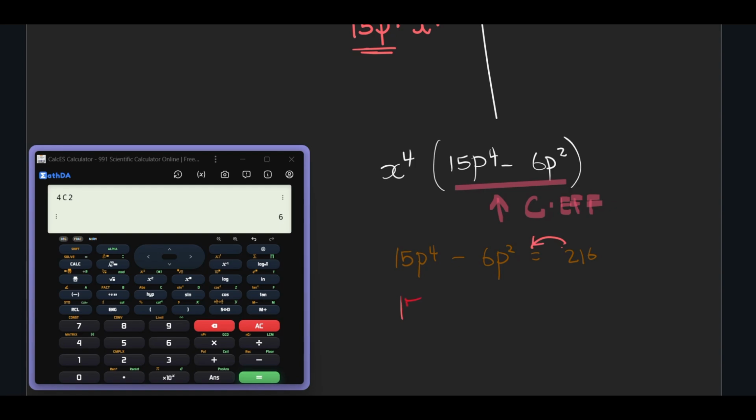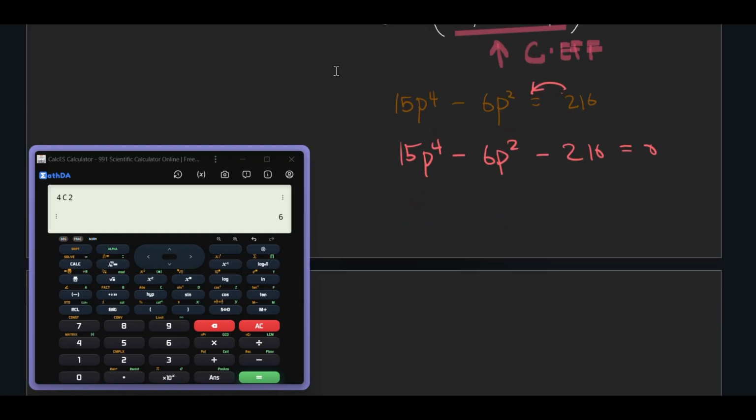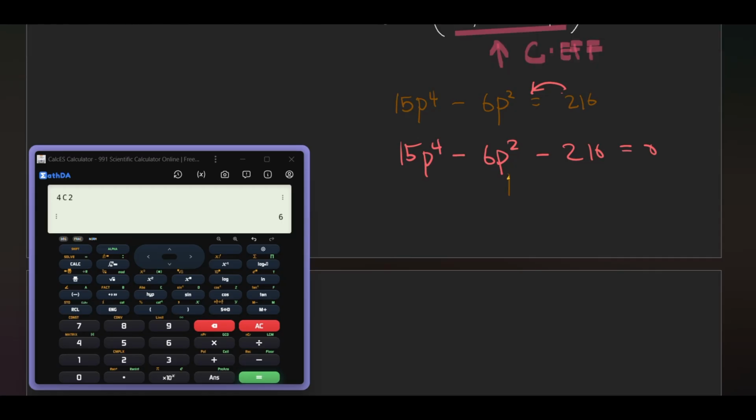So I can have 15p to the power 4 minus 6p to the power 2 minus 216 is equal to 0. Now, this is what we call a pseudo quadratic. It's one of those equations that if you manipulate them, they will give birth to a quadratic equation. So the best way to think about it is let p squared be k, for example.